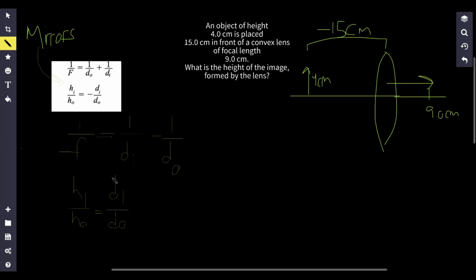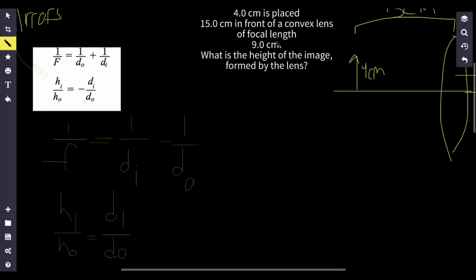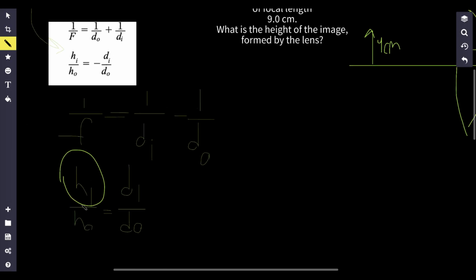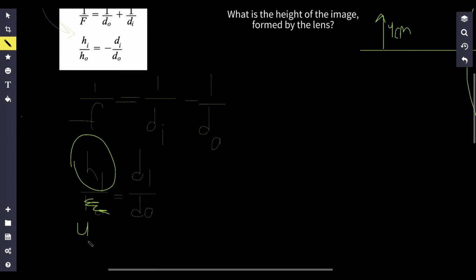So let's do this problem, and we want to find the height of the image. We know the height of our object is 4 centimeters. If I find the magnification, then knowing these variables, I can solve for the image height.